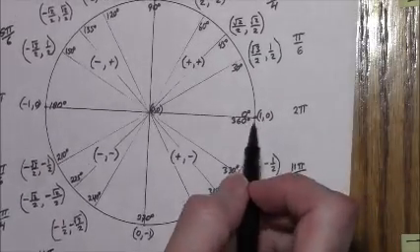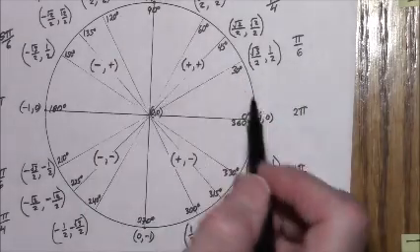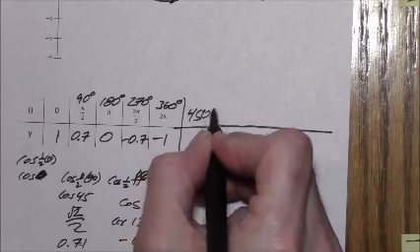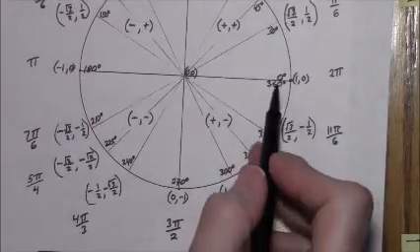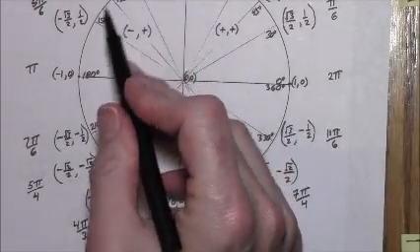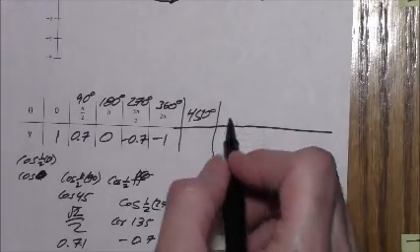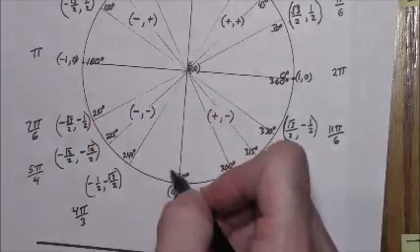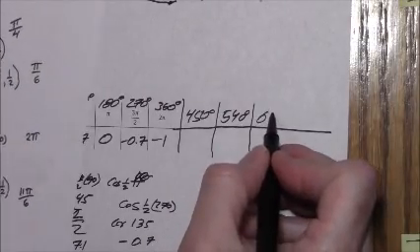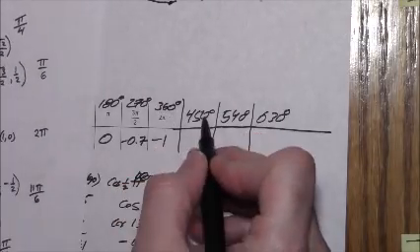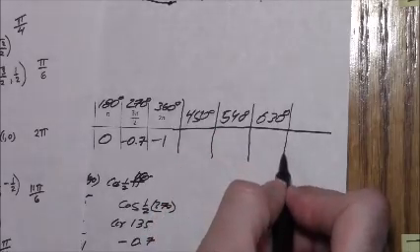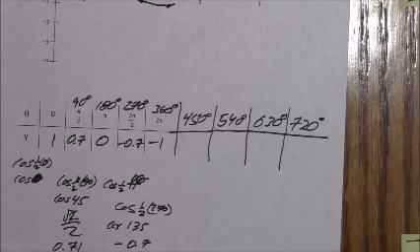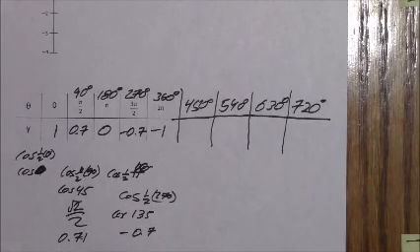We keep on going, so 360 plus 90 is 450, plus another 90 is 540, plus another 90 would be 630. It's nice and easy to add 90, add 90, add 90. And then another 90 would be 720 degrees.